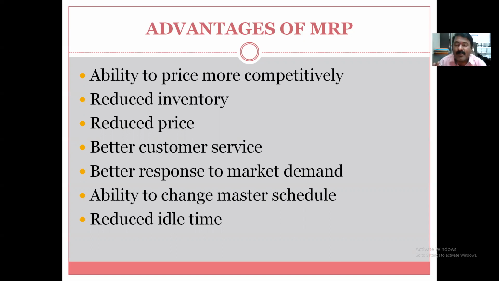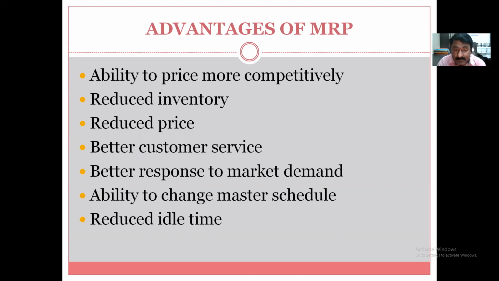Then whatever the production schedule is, it is followed. It will ensure effective utilization of all the resources, and then Bosch can compete in the market. So ability to price more competitively is one of the advantages of MRP.